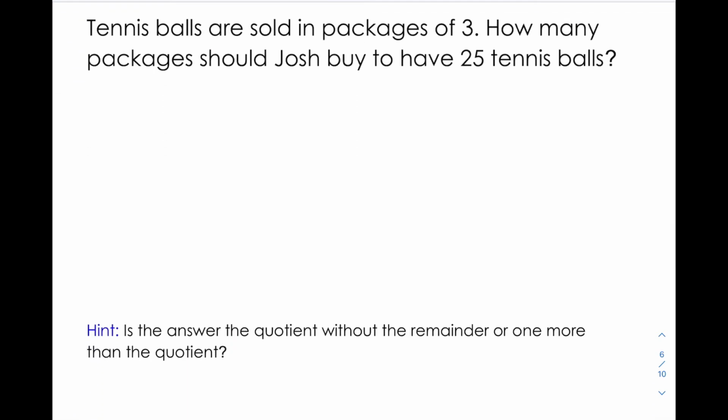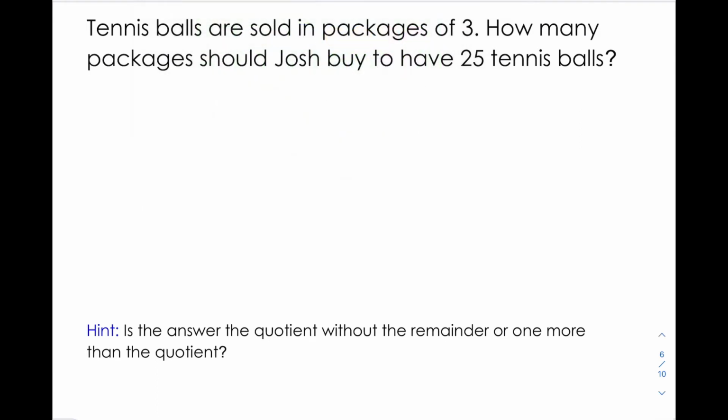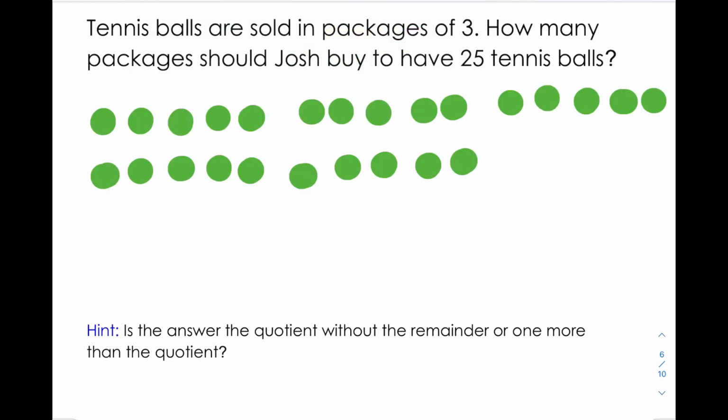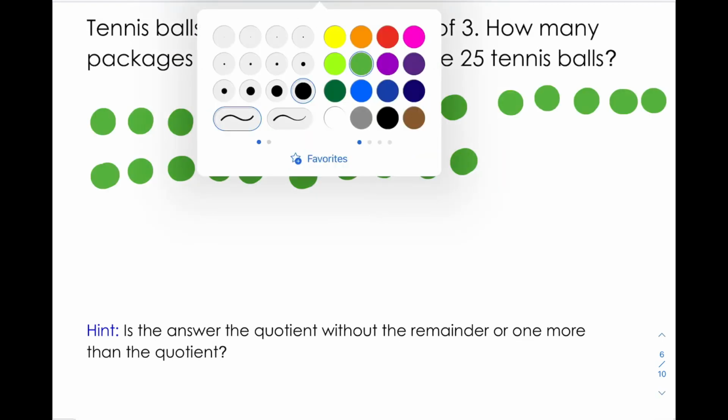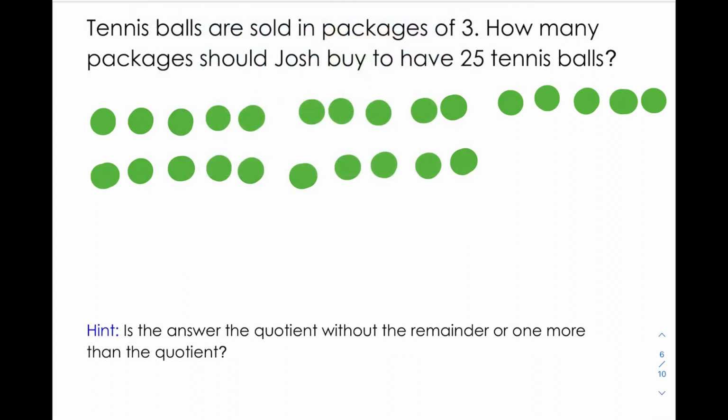Okay, let's look at another one here. Tennis balls are sold in packages of 3. How many packages should Josh buy to have 25 tennis balls? Now, this is a question. Let's try a different strategy. Because the number is not too great, we can simply draw 25 tennis balls. So we have 25 tennis balls, and they're in packages of 3.